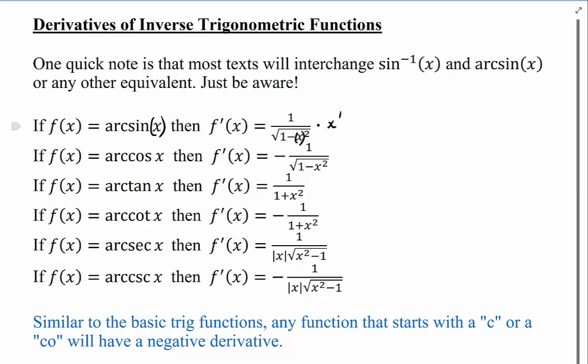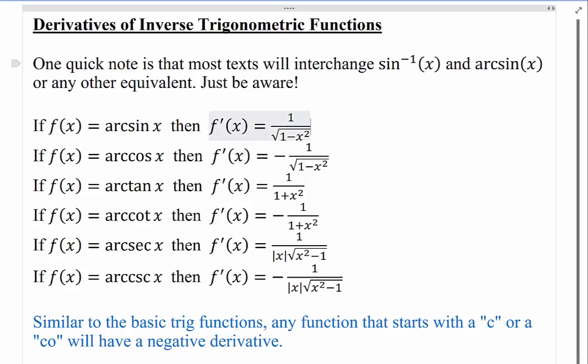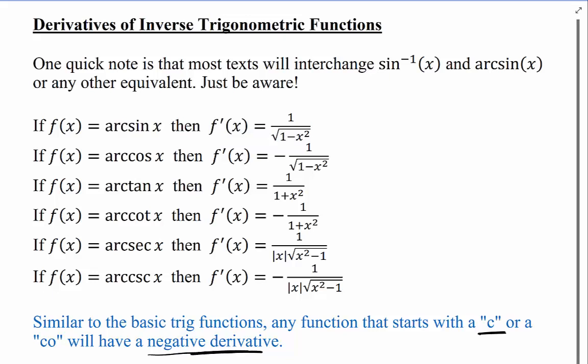And then we also need to tack on that x prime because of the chain rule. Again, I'll show you with an example down below. And then one last similarity, anything that starts with a c or the co again has the negative derivative. So if we look at arc cosine, it has a negative derivative, arc cotan has a negative derivative, and arc cosecant has a negative derivative.